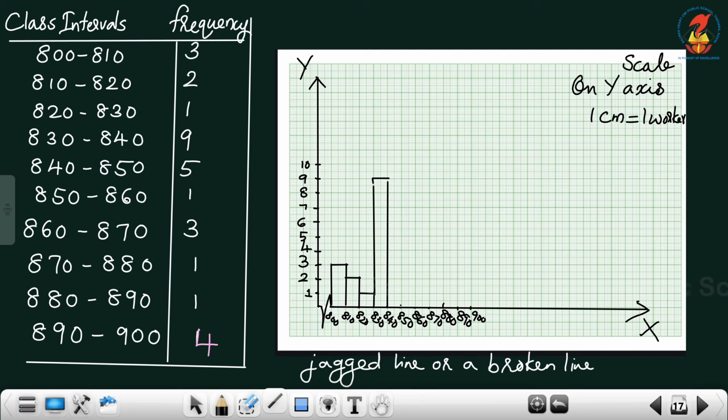Then 840 to 850, 5. Then 850 to 860 is 1, 860 to 870 is 3, 870 to 880 is 1, 880 to 890 is also 1. Then the next one is 4.